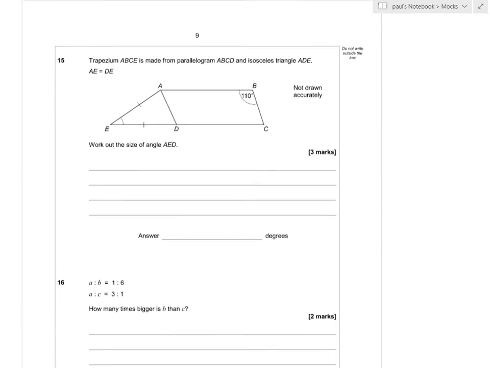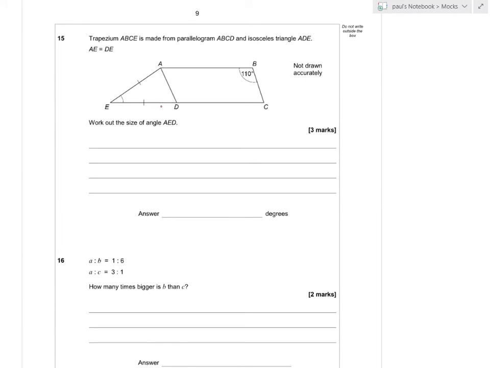Number 15, the trapezium. Work out the sides of AED. That's that one down there. Right. Opposite sides of a parallelogram are the same as each other. Okay, so that's 110. So ADC equals 110. And this one here, EDA, is 180 minus 110, which equals 70.